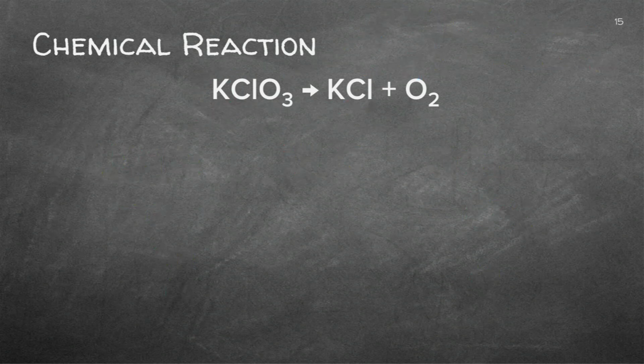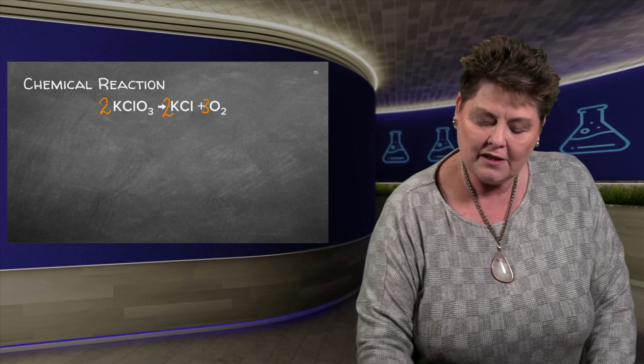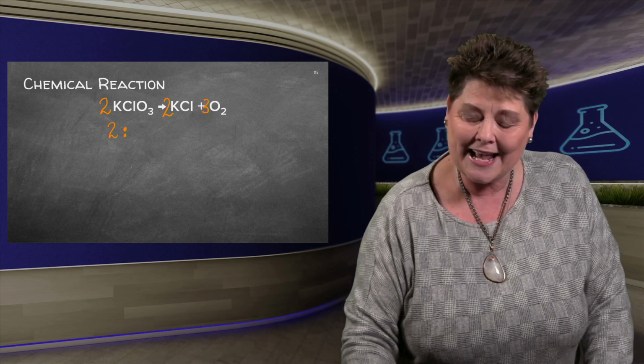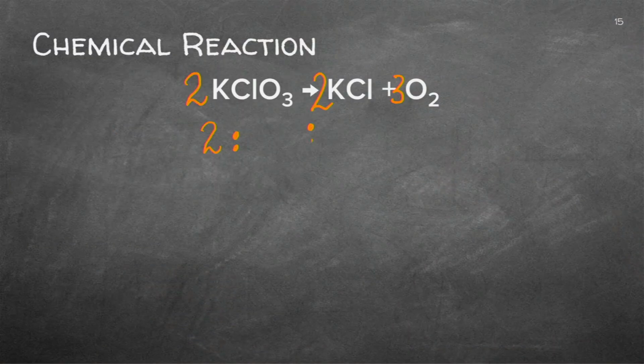So I've got 2 of this going in, forming 2 of that and 3 of that. You cannot do any calculations if you haven't got the moles. The mole ratio is 2 potassium chlorate will provide you with 2 potassium chloride and 3 oxygen molecules.